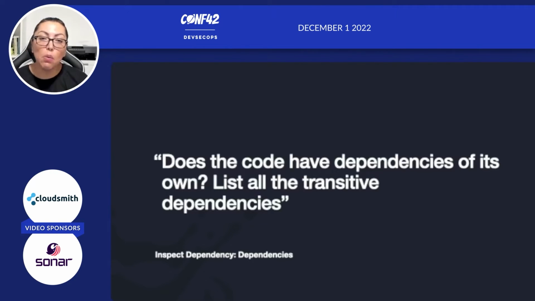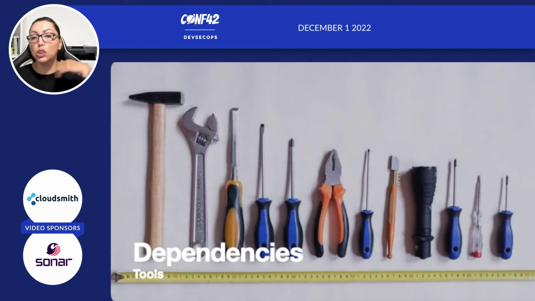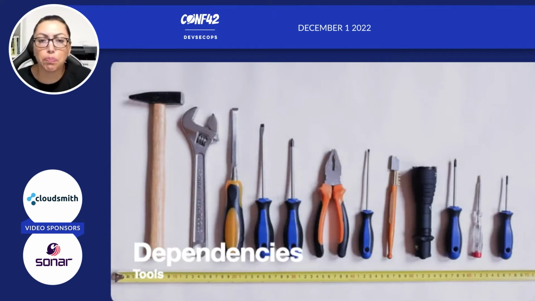So in a way, we will have to be very careful, for example, of our transitive dependencies, or have in mind that the authors of the applications or the libraries that we're using have these concerns in mind at least. So now let's talk about tools.